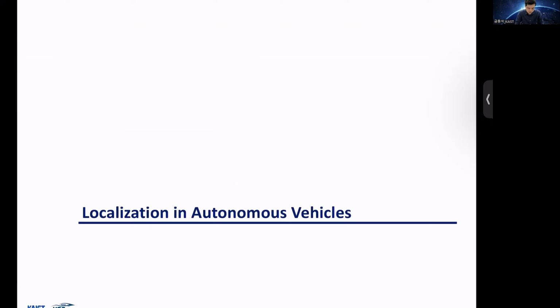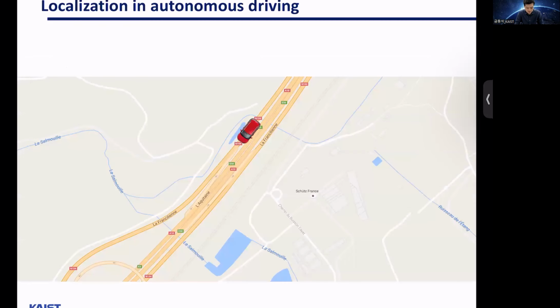Localization in autonomous vehicles is somewhat different from other robotic systems because we are driving on structured road infrastructure. And that poses a different problem. Let's start with what the differences are and what the localization problems look like for autonomous driving.